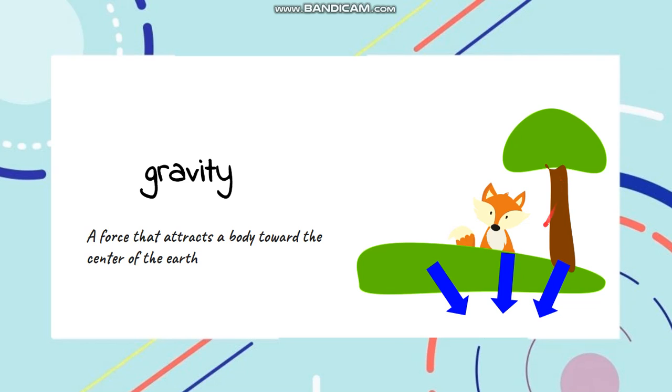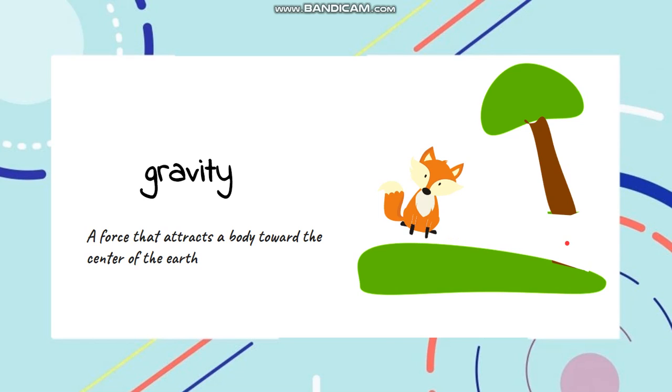But if we erase the gravity on the screen, think about if the gravity force disappears. What will happen? Will the fox and the tree still stay on the ground? No, because there are no more forces pulling them. They will all float.